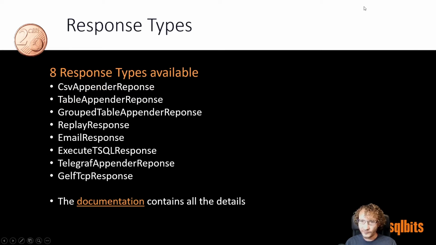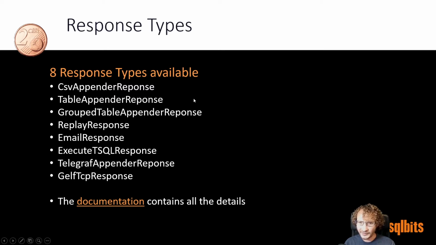We have one for writing to CSV files. We have one for writing to a table. This is one that I really wish was available out of the box in the standard targets.